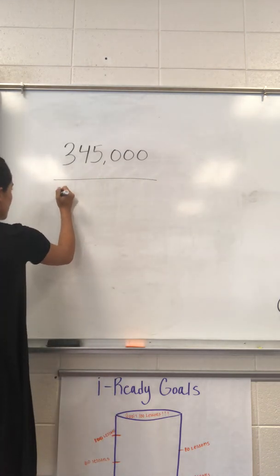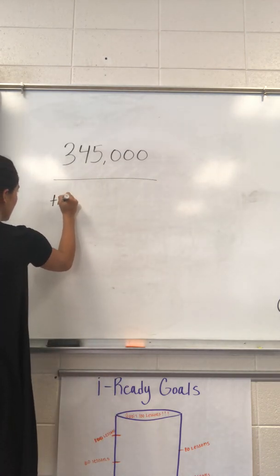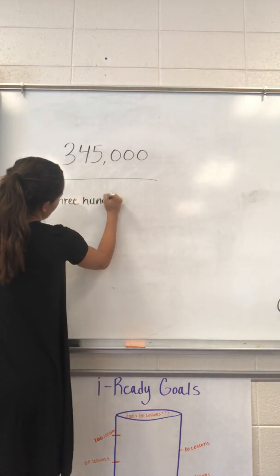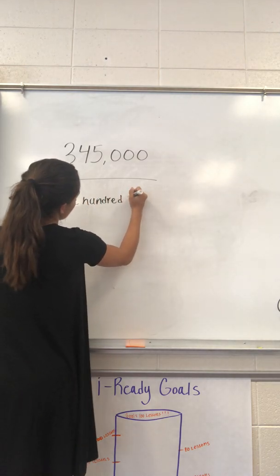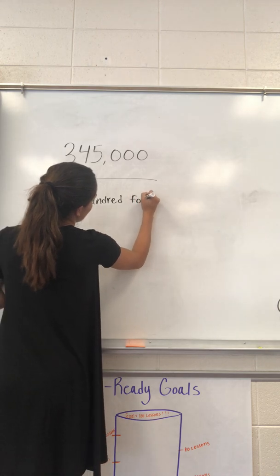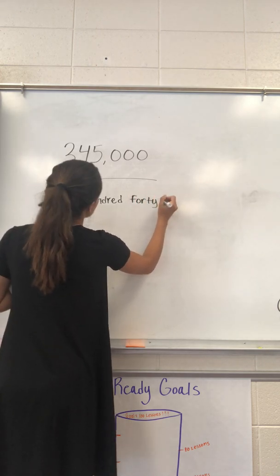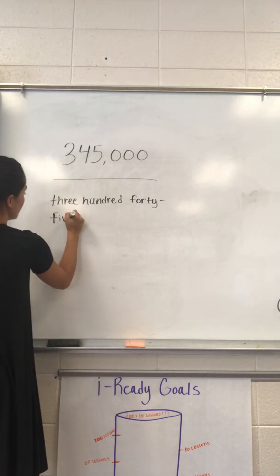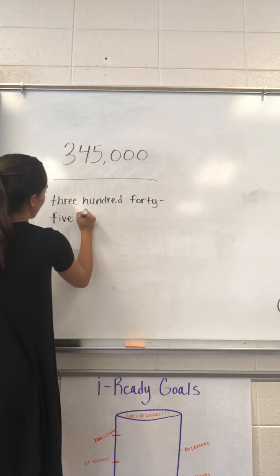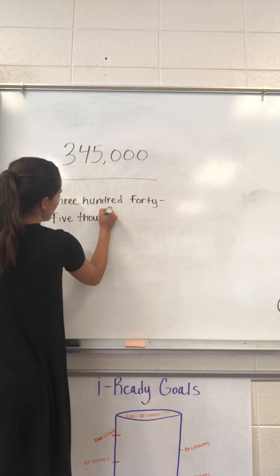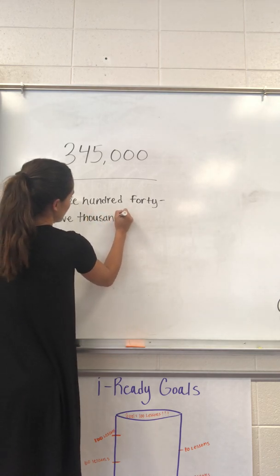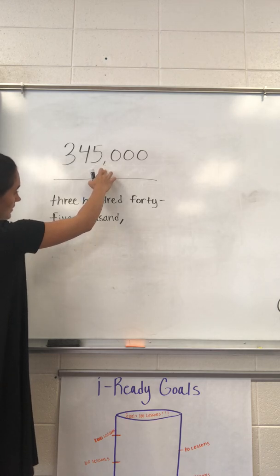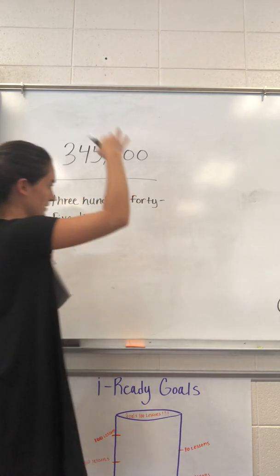So word form is going to be 345,000. Oh, there's no more numbers, so we don't need a comma, right?